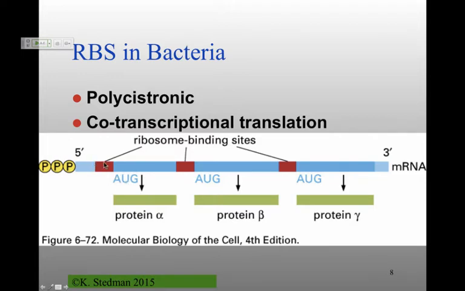What's not on here are the stop codons at the end. Then you have association of another ribosome here, another ribosome here, etc. So this is how you end up with multiple different proteins, each of them preceded by one of these ribosome binding sites. And I mentioned this before, but partly how this works is why it's so different between bacteria and eukarya.